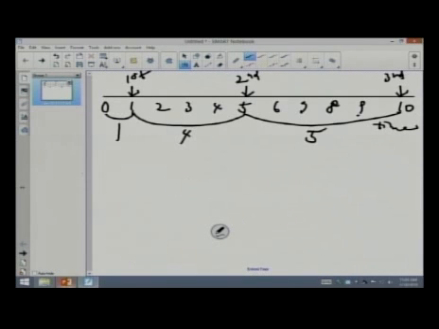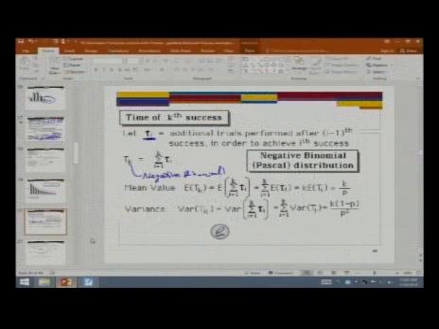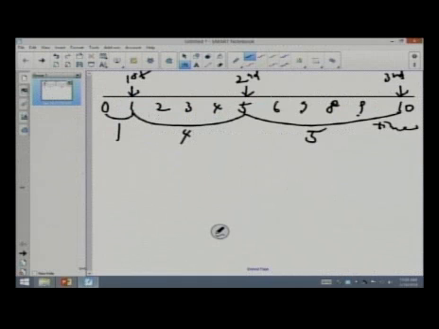So going back to the previous screen here. According to the T sub k and the definition of tau sub i, we can say that the time of the third success can be represented by the summation of tau sub i, where i will be 1, 2, 3.